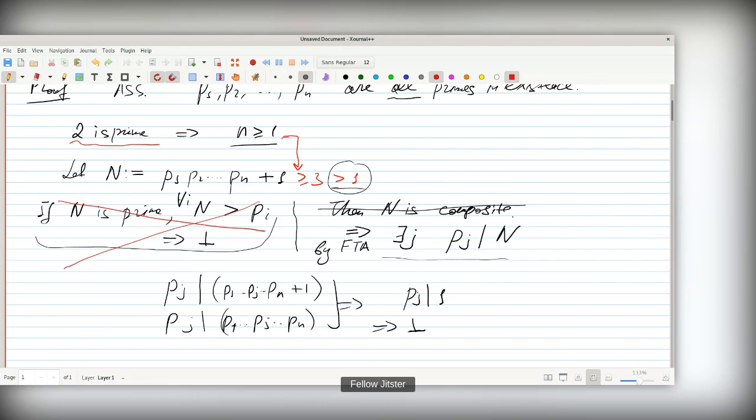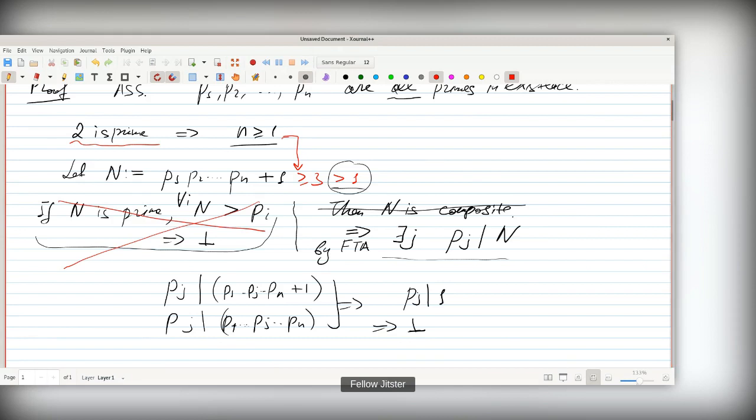Take capital N of this form, conclude that it is greater than 1 because we have at least one prime and this product is at least 2. Every number greater than 1 is divisible by at least one prime.